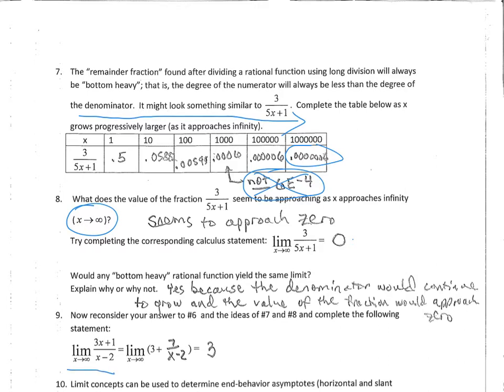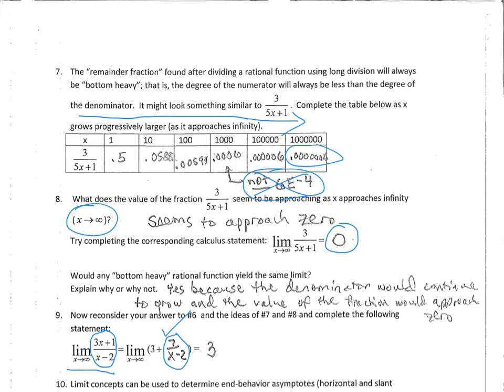We can say as x goes towards infinity, y, and keep in mind that was our earlier function, and that earlier function we rewrote as 3 plus 7 over x minus 2. So as we have a bottom heavy fraction, which is right here, that part we just learned is going to go towards 0.